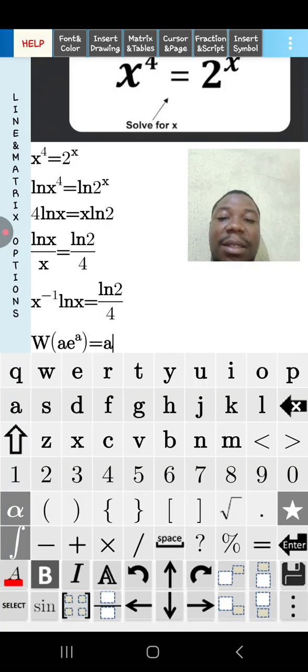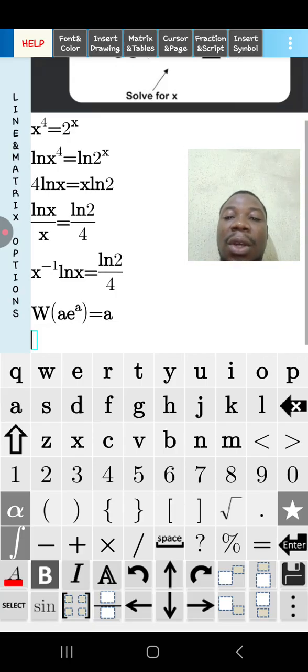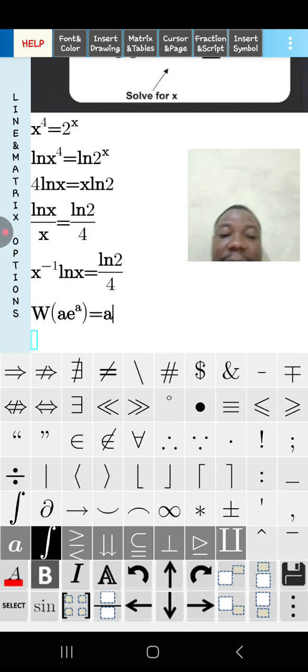This is something you need to really put in mind. The W here means the product log function. So what we do next is rewrite the left hand side to be something like a exponential a.